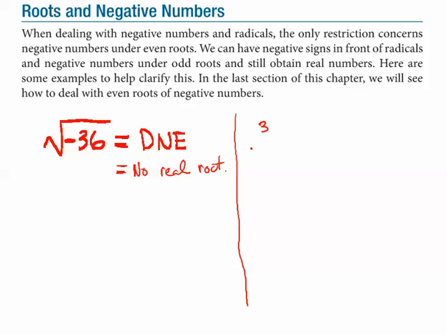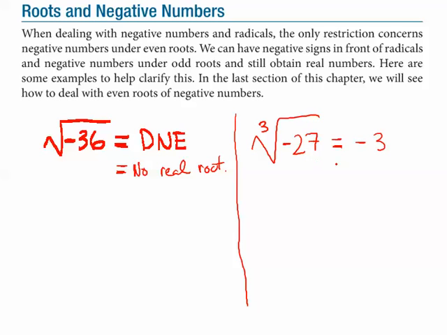What happens if we go cube root? Is this possible to have? Could I have a number cubed to give me a negative 27? Yeah, negative 3, huh? Because negative 3 times negative 3 is a 9, and still times another negative 3 makes the negative 27.